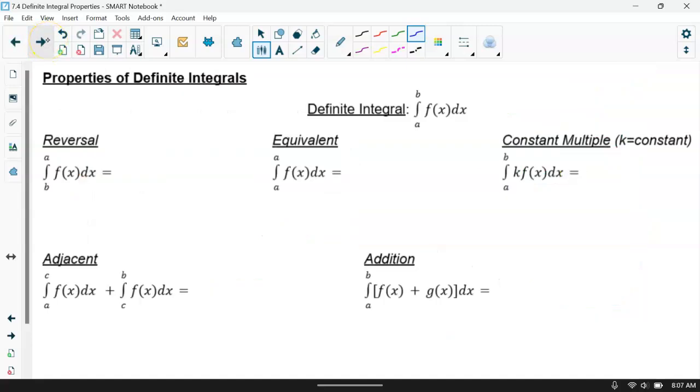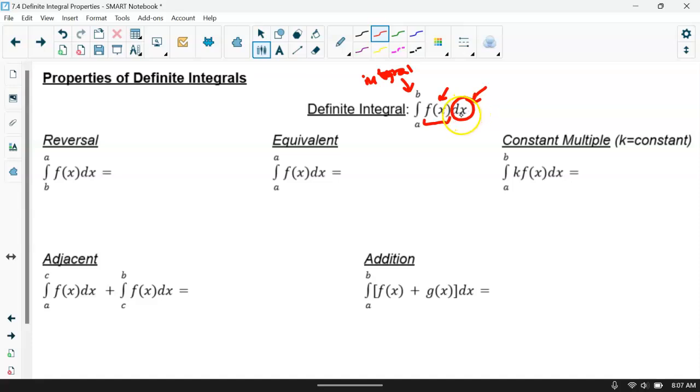So here again, our definite integral. Here is our integral sign, right? With our boundaries, focusing on finding the area of the curve from a to b. Notice again that increase. This f of x here is our function, or we could say our integrand. And then here our notation tells us what we are integrating with respect to, what variable.